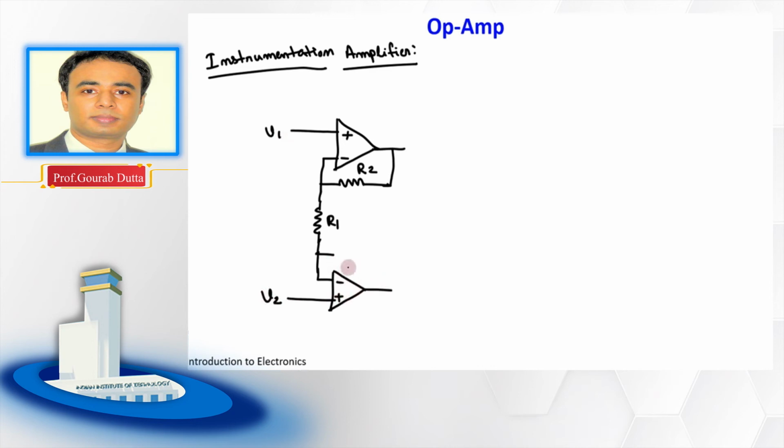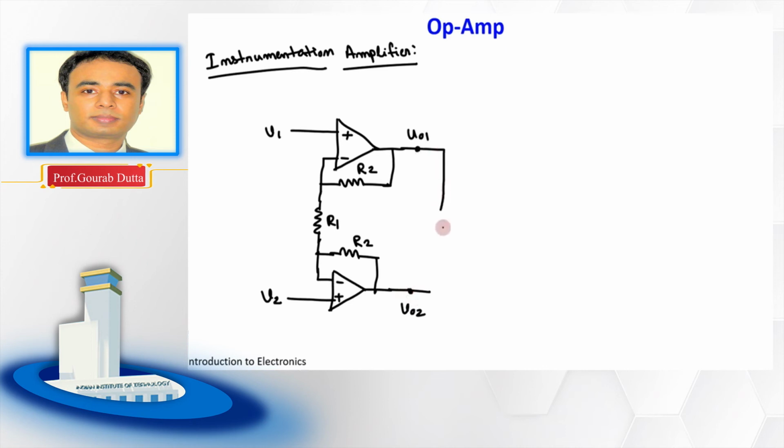So again this is a non-inverting amplifier, right? So we should have one feedback resistor, negative feedback, and say this resistance is also R2, right? And these two are coming out, so obviously output voltage you have to indicate. Say this output voltage is V01 and this intermediate output voltage is V02.